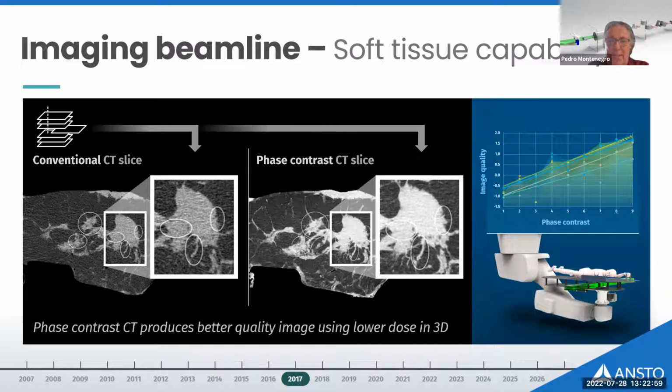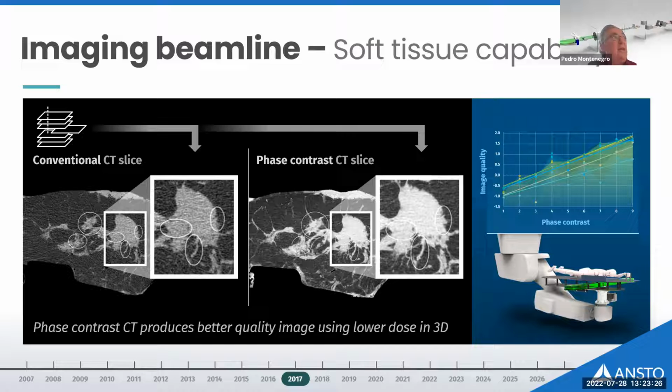When you look at the details, there are a lot of features which are not seen or badly seen without the phase contrast. One of the beautiful things of phase contrast is that you can use a low dose. Basically, you extract the information from a very noisy image, and the image is very noisy because we are not giving a very heavy dose to collect the data.